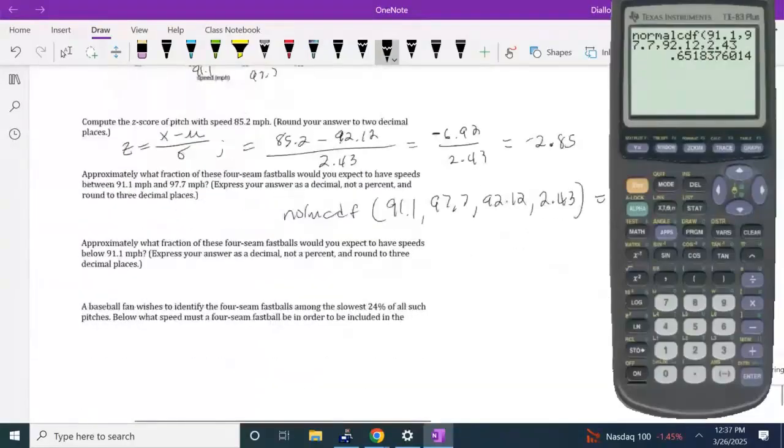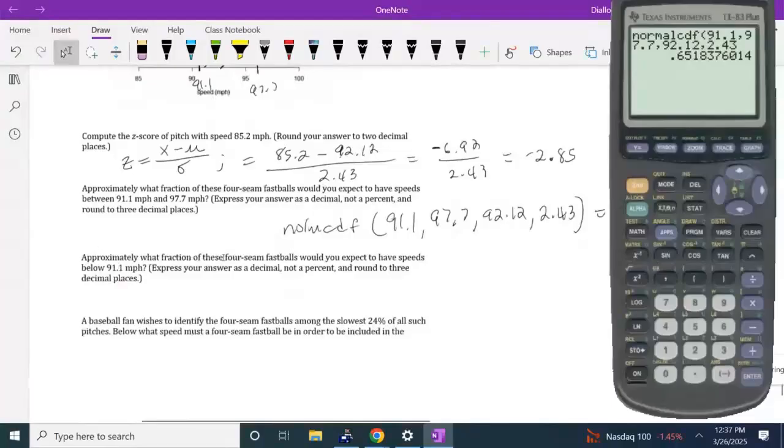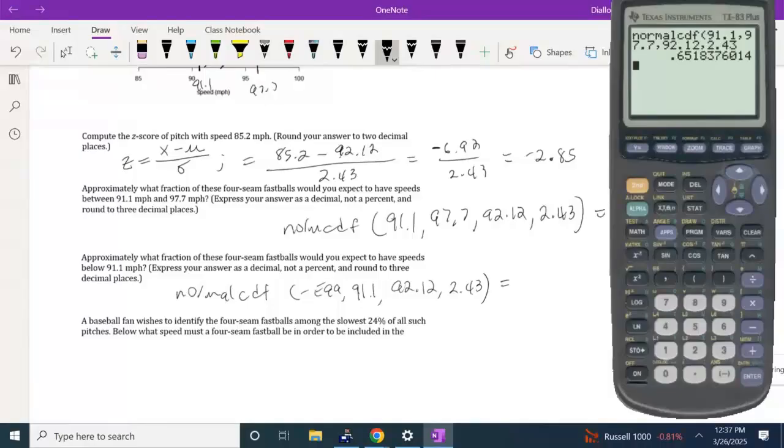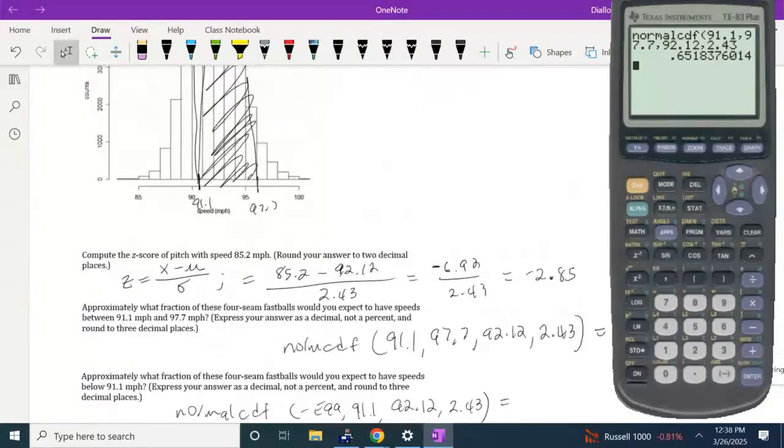All right. The next one: approximately what fraction of these four-seam fastballs would you expect to have speeds below 91.1? So we're going to put this in as a normal CDF, negative e to the 99, comma 91.1. The mean is 92.12. Standard deviation is 2.43. So again, if you wanted a picture reference, just use the drawing that they're giving us.